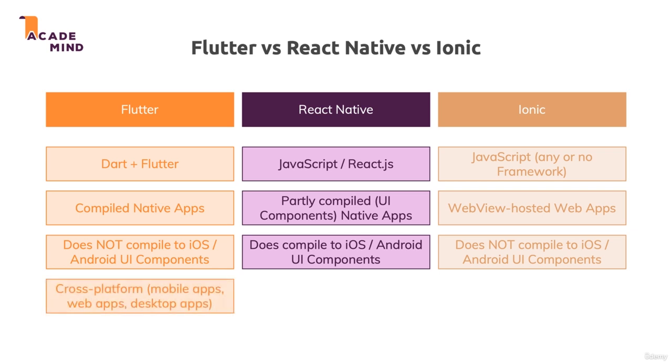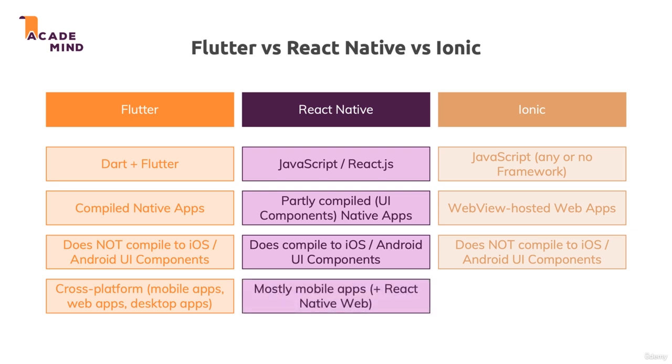Now, with Flutter, you can build cross-platform apps, mobile apps, and actually even web apps and desktop apps, though as long as that's in very early stages, it'll not be part of the course. I do cover it once it is more stable, though. For React Native, it's pretty much only about mobile apps, though there is an unofficial project which allows you to use your React Native app also to get a web app as a result.